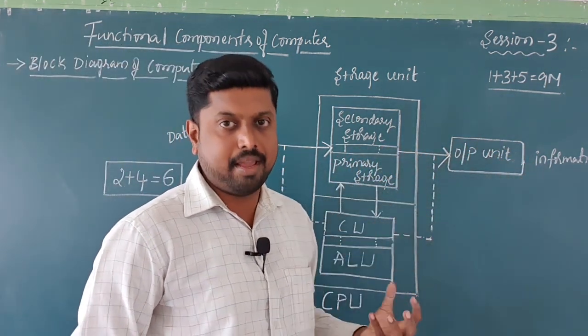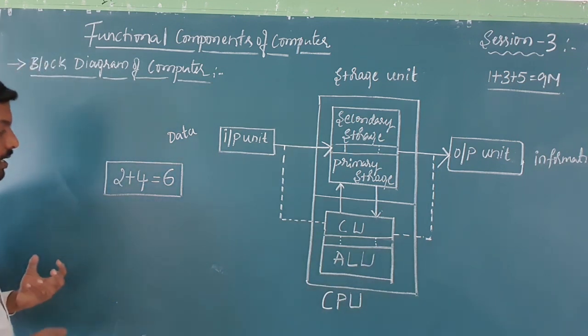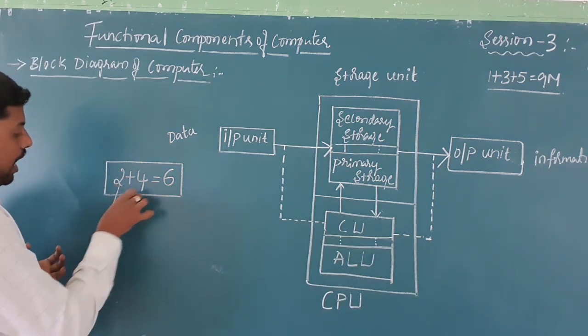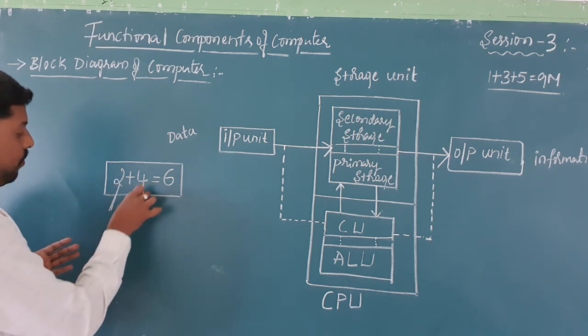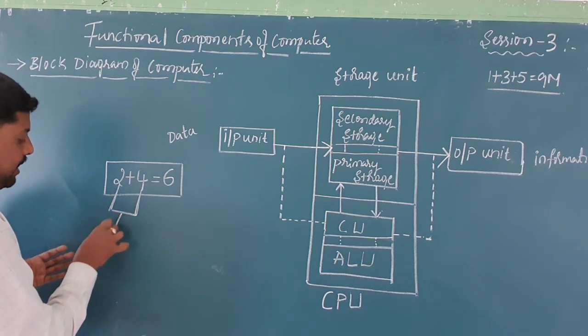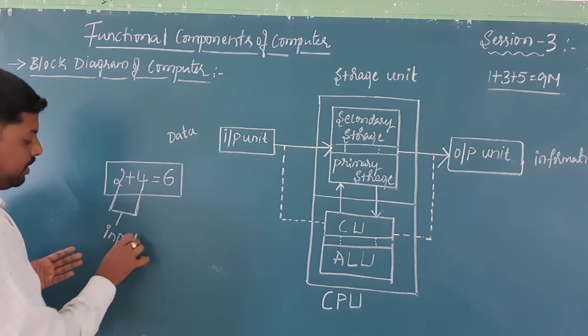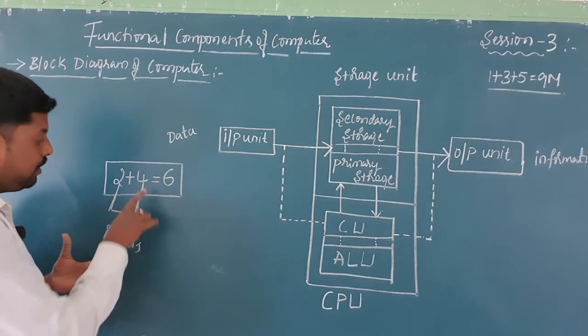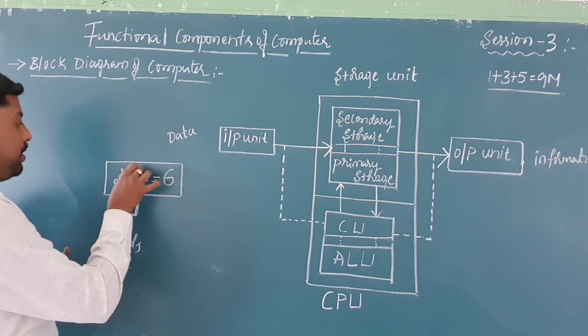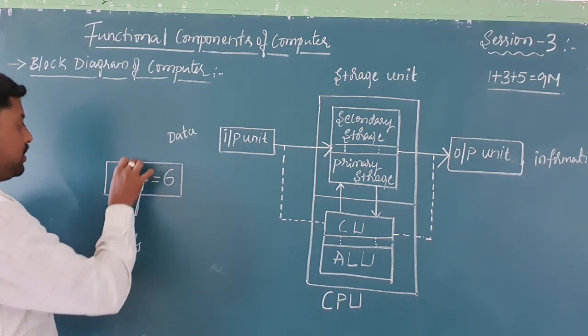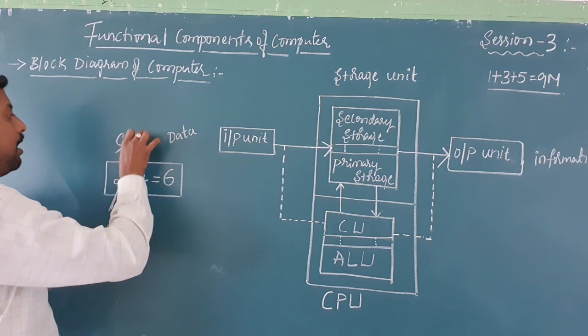How do we classify that in the computer? See, 2 and 4, remember, we will consider these as inputs, because the user gives the inputs 2 and 4. Then the computer needs one operation. That operation is what we call sum or addition.